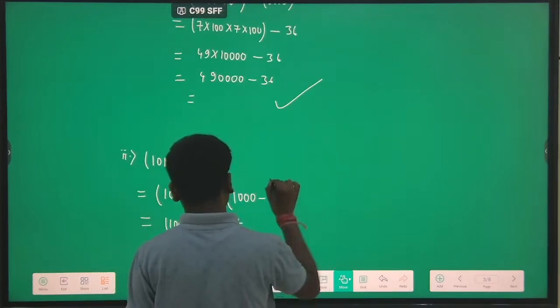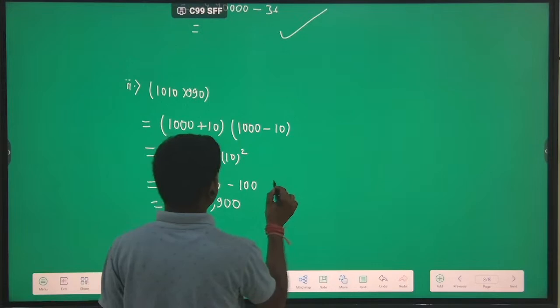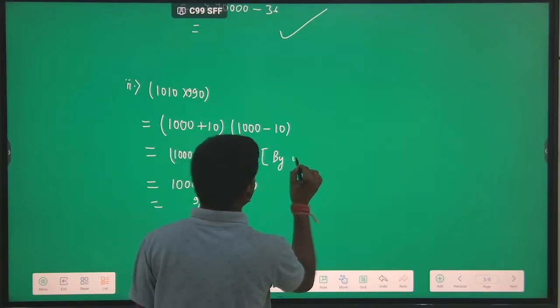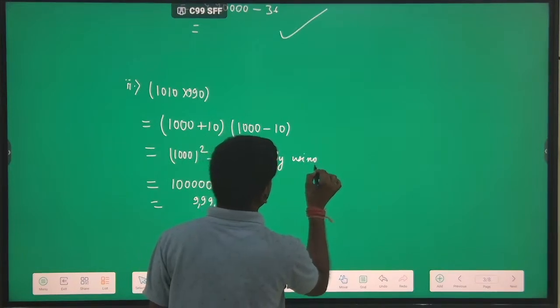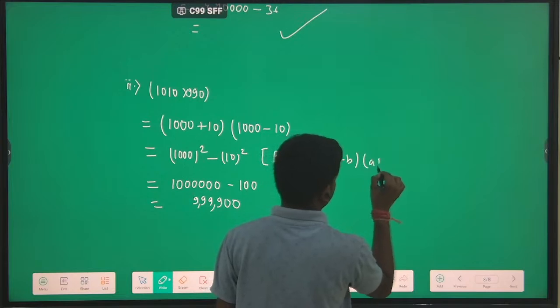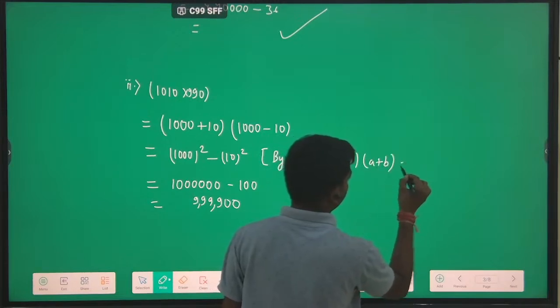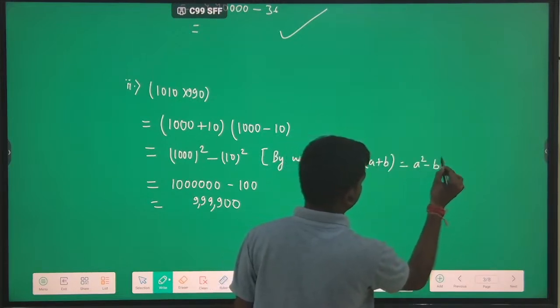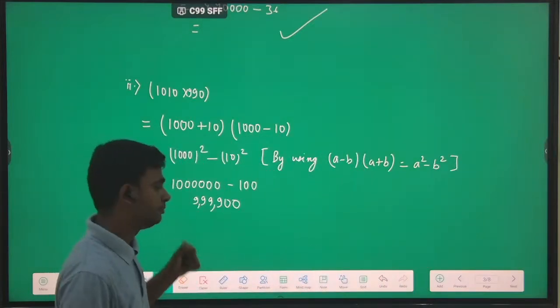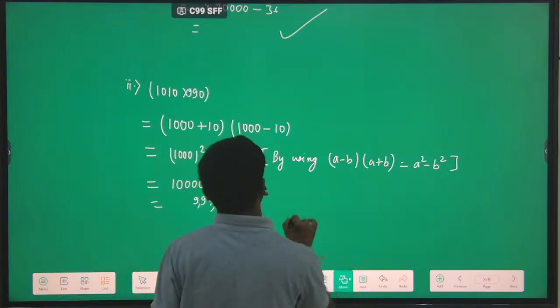Here also, we have to write that we are using the identity a minus b into a plus b is equal to a square minus b square. By using this identity, we find the value.